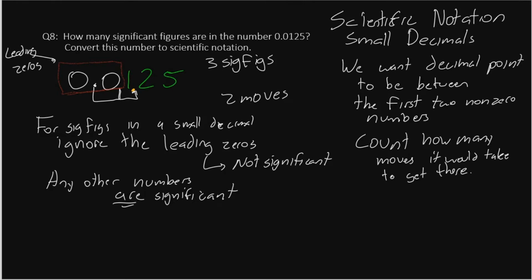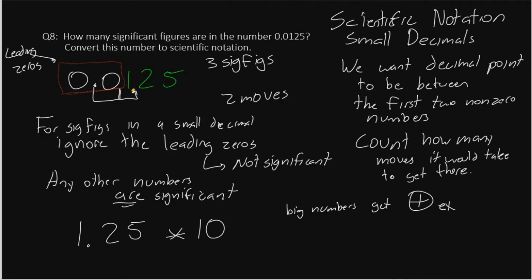So let's write down 1.25 times 10 raised to something. Now, big numbers, like the one we did previously, get positive exponents. However, small decimals get negative exponents.